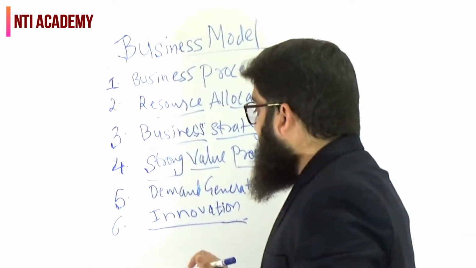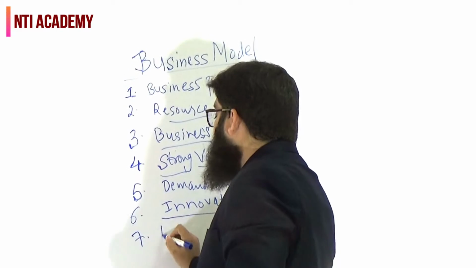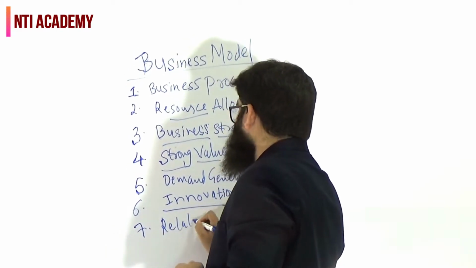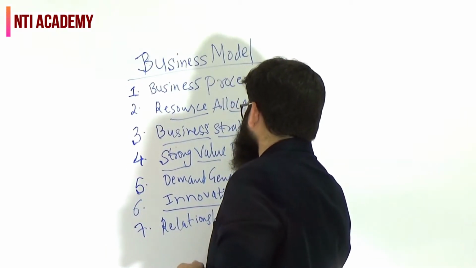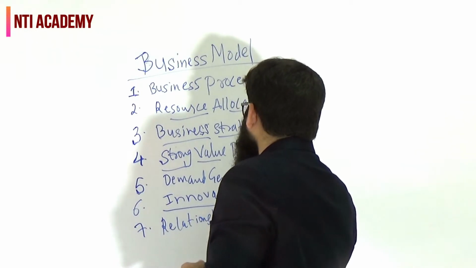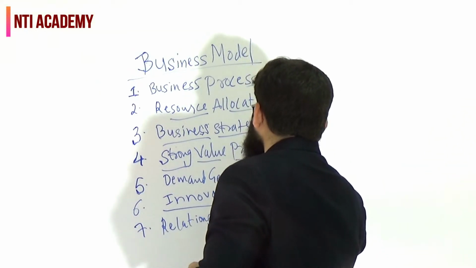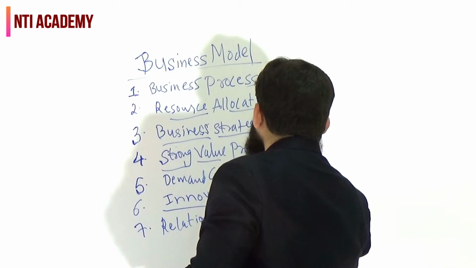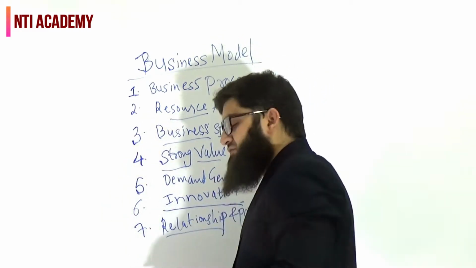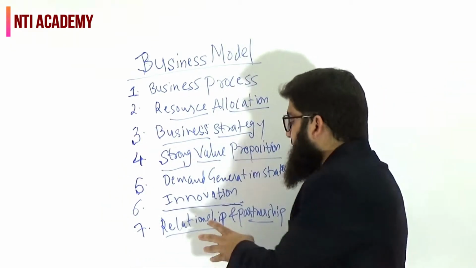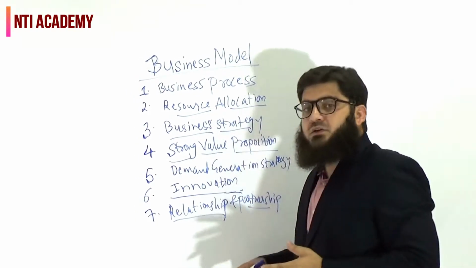Again, the next part is the relationship and partnership. Relationship and partnership with other companies is very important, because each company requires relationships and partnerships in the market to survive.